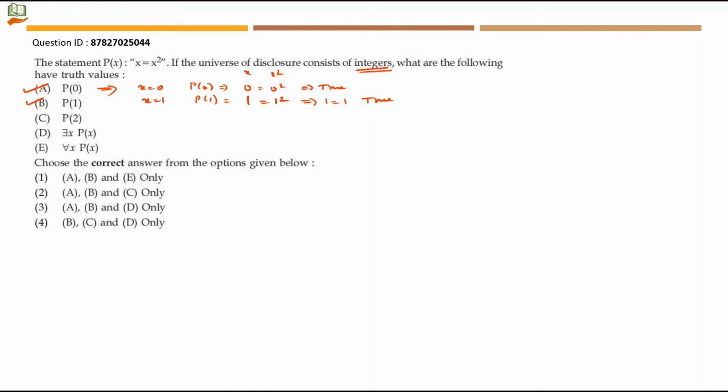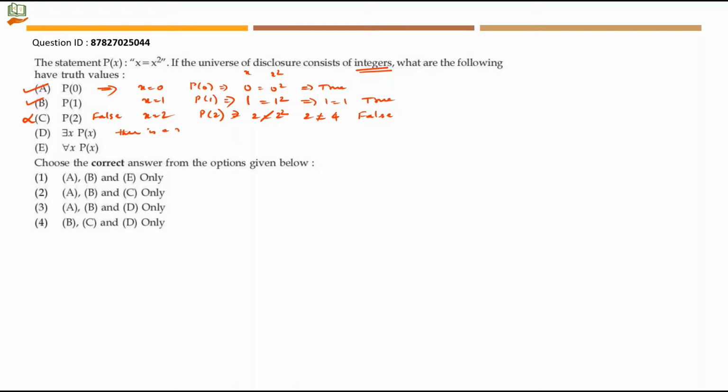This is also fine. Now we will check for P of 2. X is equal to 2. P of 2 states that 2 is equal to 2 square. No. 2 is not equal to 4, which means P of 2 is false. So this is false. Now, there exists an integer x for which P of x is true.